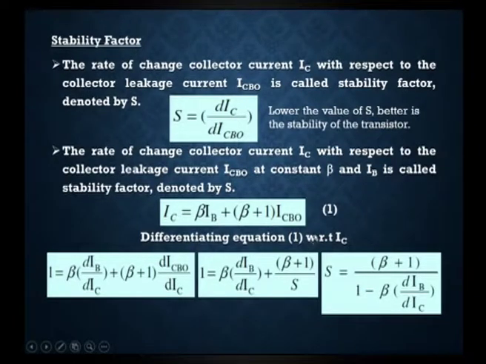We differentiate this equation with respect to IC, and after differentiating we get ICBO divided by IC, which we can rearrange, because the reciprocal of this will give the value of S. So we replace it with S. After that we get the value of S: S equals (beta plus 1) divided by 1 minus beta into dIB/dIC. This is the stability factor, related to the collector current.